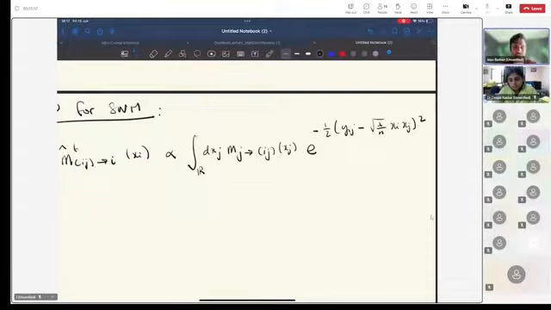This is our Gaussian, this is the psi ij, and that depends on our observation yij. It's our factor.